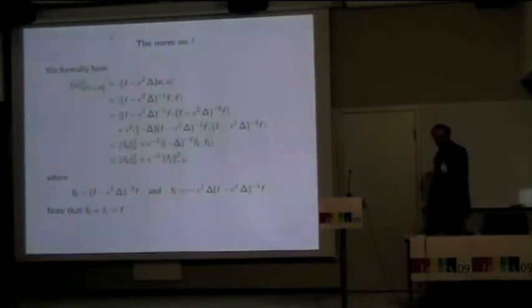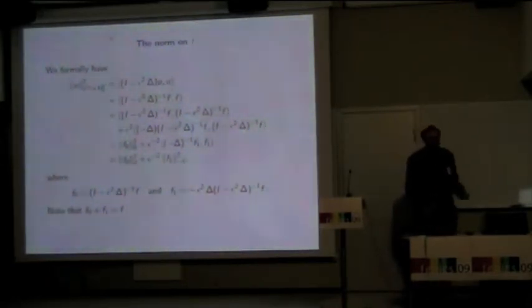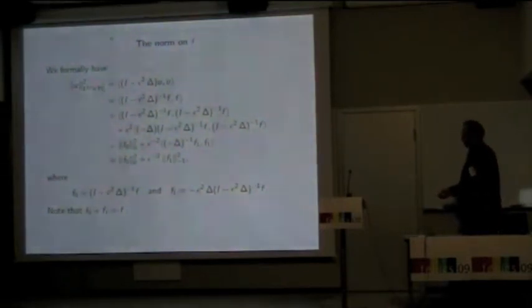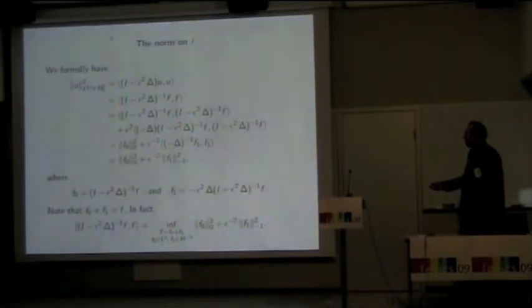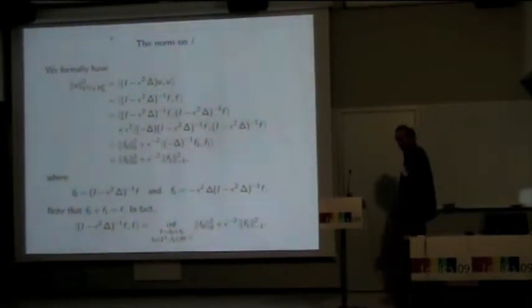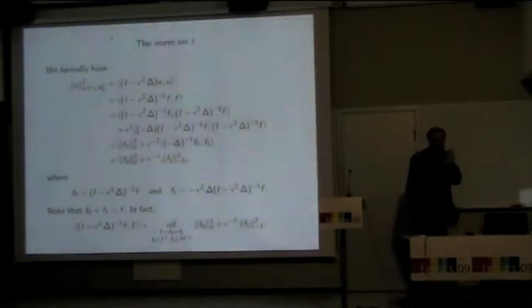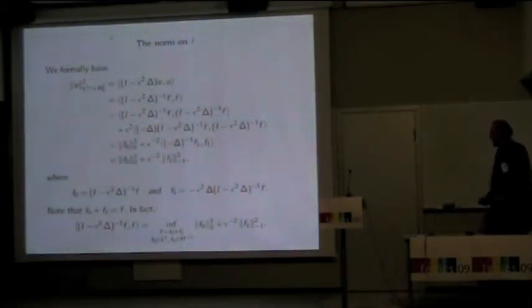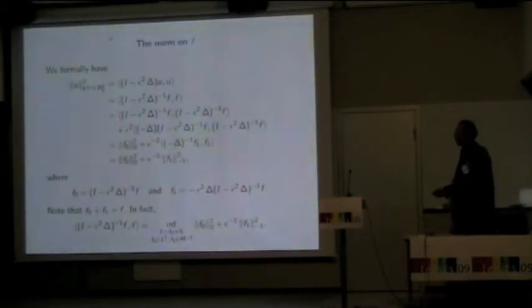This is a little algebra that we don't have time to do, but you can easily check that that is the case. And actually, this norm is exactly the inf over all ways of writing your right-hand side f as a sum of two functions, where one is in L2 and one is in H minus 1, and you generate this norm.